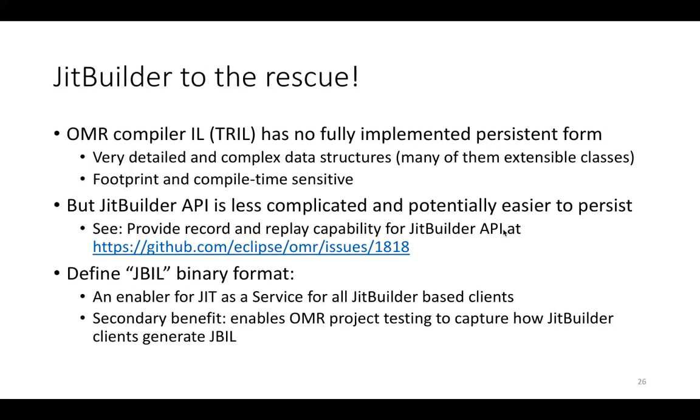I have, again, some commits that are hopefully going to be, at least in my private repo shortly, to define what I've been, for lack of a better term, calling JBIL, JitBuilder IL, binary format, which I think is an enabler for using JIT as a service for all JitBuilder-based clients.